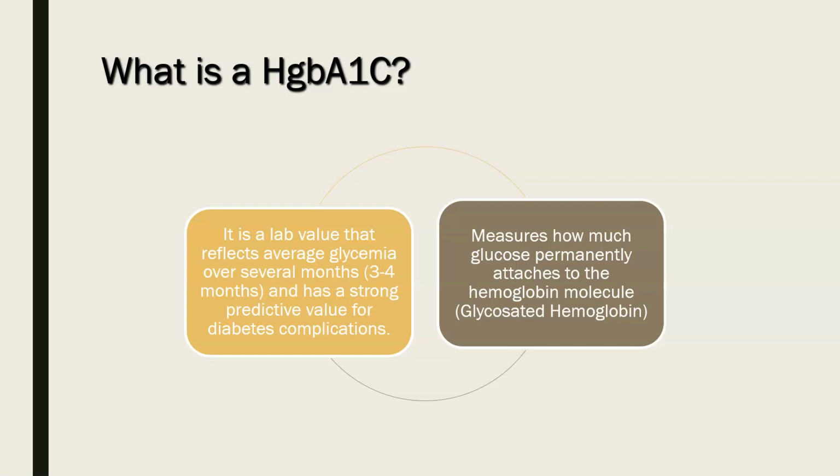So this level kind of doesn't allow the patient to fudge their numbers, so to speak, and it gives a better understanding of what this patient's blood sugars have been throughout the last 3 to 4 months before the visit.